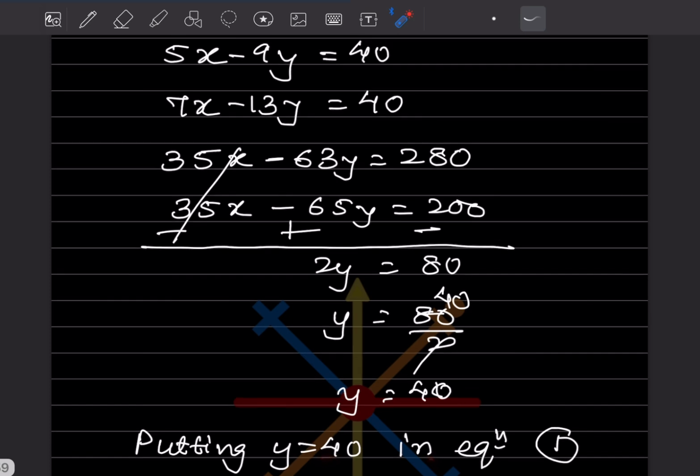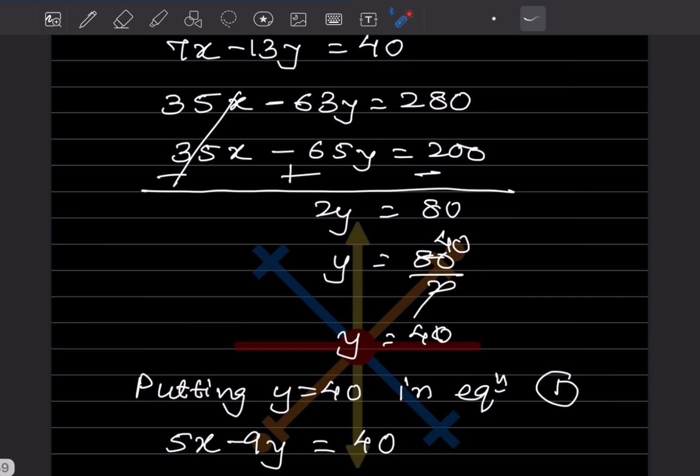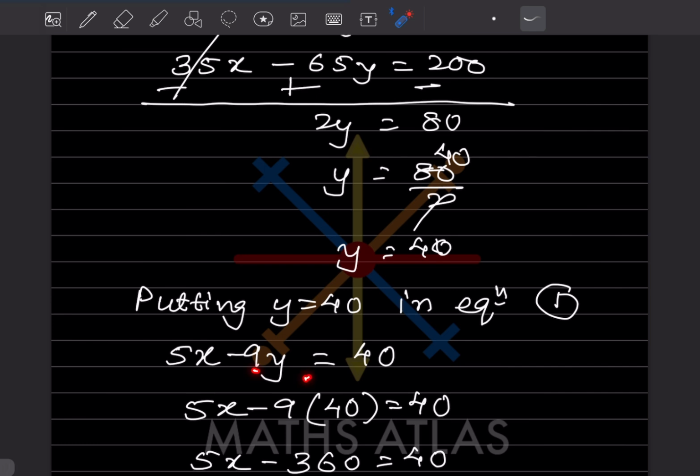So now what will you do? Putting y is equal to 40, you will put it in equation number 1. Any of the equations you can put, we'll put in equation number 1. So that is 5x minus 9y is equal to 40. So this is 5x, this is 9, and here you are going to put y as 40, so that is 40 given. So this will be 360, rest all is the same.